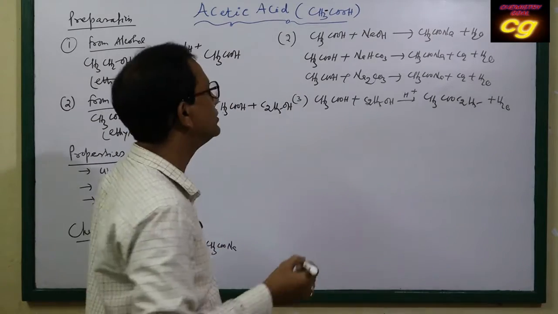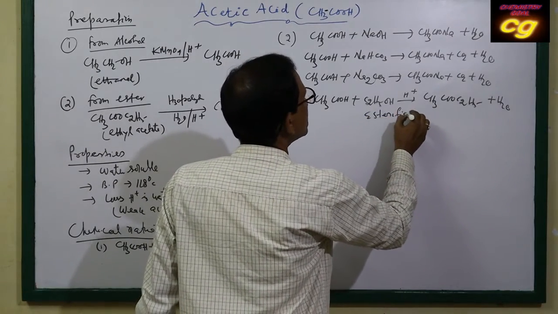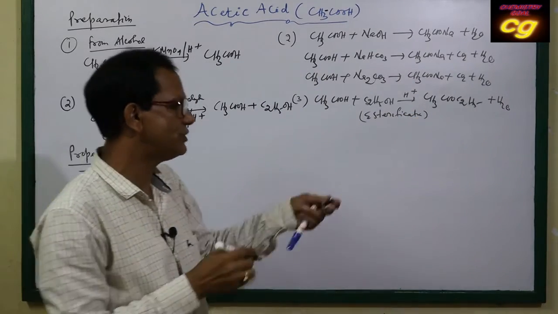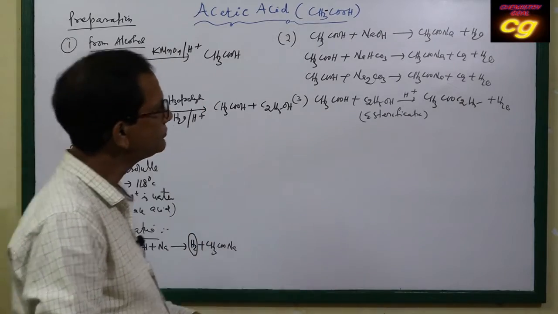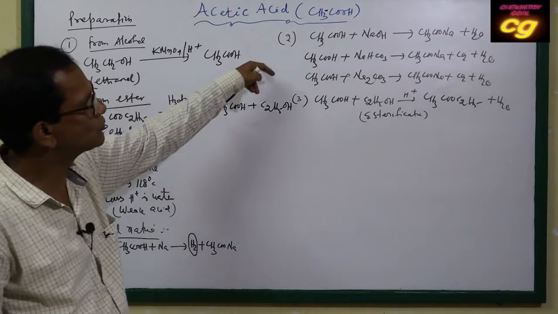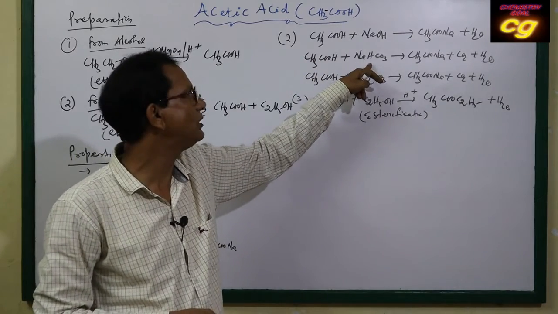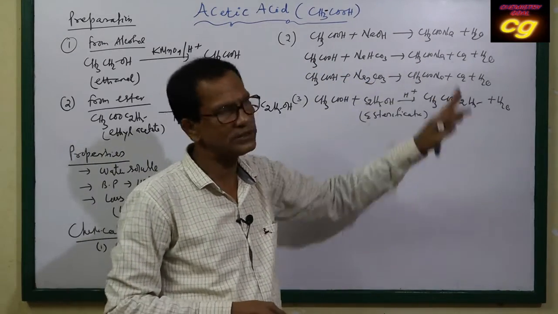This reaction is called esterification, the formation of ester from acid and alcohol. So acetic acid reacts with base, and with basic salt, forming sodium acetate and CO2 gas.